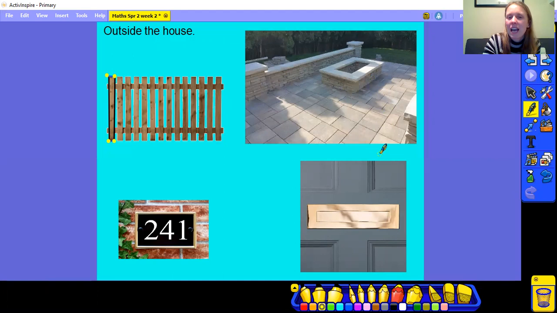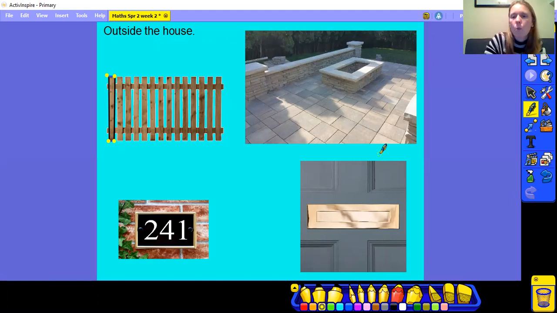Now let's have a look at these paving slabs. Can you see any rectangles here? It looks like the rectangles have been twisted around. But remember, even if we turn it around, it doesn't matter as long as it has 2 short sides that are opposite each other and 2 long sides that are opposite each other.